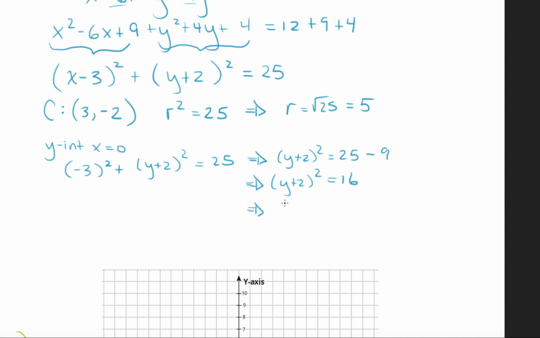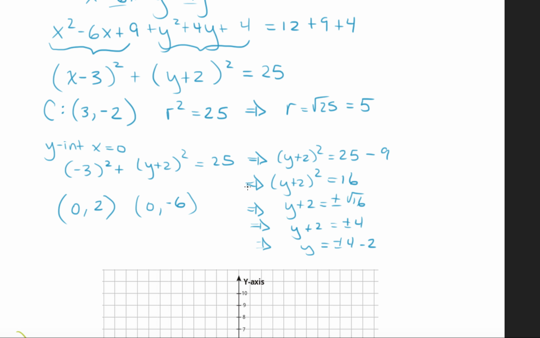We take the square root on both sides to get y plus 2 equals plus or minus square root of 16, which implies y plus 2 equals plus or minus 4, which implies that y equals plus or minus 4 minus 2. So for my y-intercepts, you get 0, comma 4 minus 2, which is 2, and 0, comma negative 4 minus 2, which is negative 6.